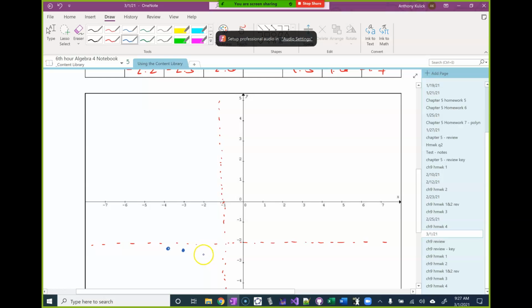And -2 and -2.6. So it'll look something like that. Then I have 0 and -1.3, 1 and -1.6, and then 2 and -1.7. So it'll look something like that.